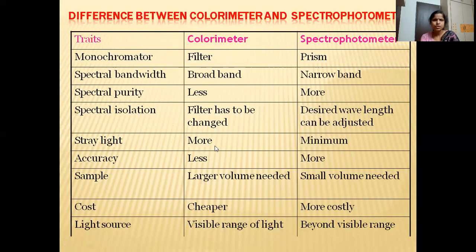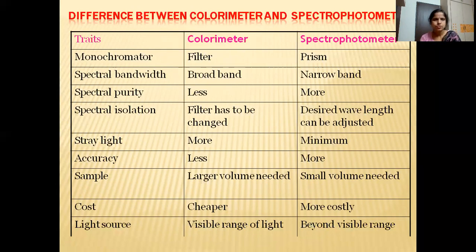Stray light is more in the colorimeter, minimum in the spectrophotometer. Accuracy is less in the colorimeter, more in the spectrophotometer. The sample needed is large in the colorimeter, whereas the spectrophotometer requires only a very small amount of sample. Cost-wise, the colorimeter is cheap, whereas the spectrophotometer is costly. For the light source, only the visible range is used in the colorimeter, that is a tungsten filament, whereas in the spectrophotometer, beyond the visible range, you can use UV light or visible light.